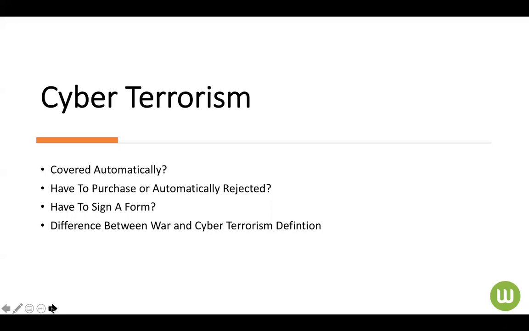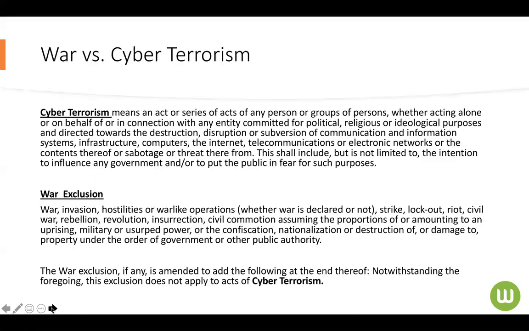Do you have to sign a form to get the coverage? Then we're going to show you the difference between the war and cyber terrorism definitions. The Access form automatically includes cyber terrorism with no additional premium, and you don't have to sign a form.